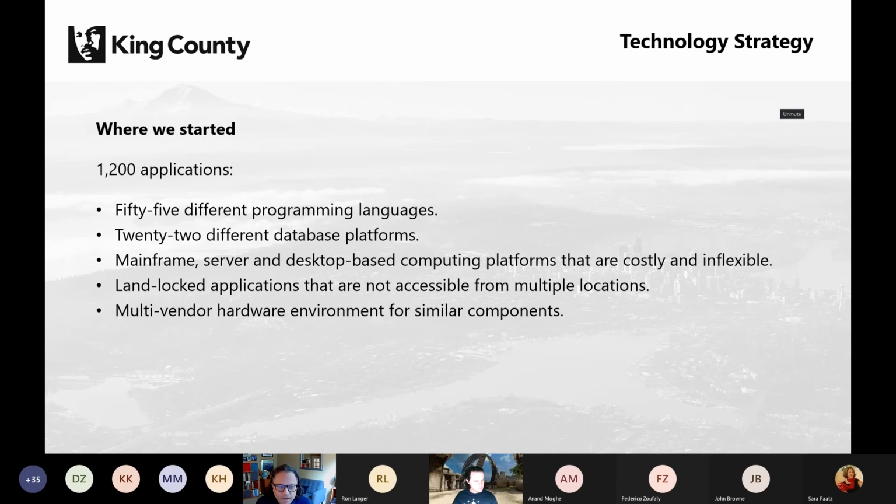And we found we had a lot of the same or similar business capability implemented on different platforms in different languages, essentially doing the same thing. So there were huge opportunities for us to begin to consolidate and rationalize the application inventory to get us to where we wanted to go.